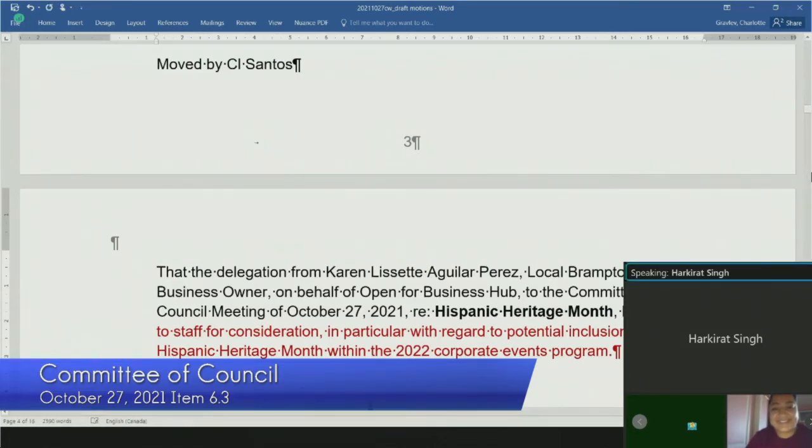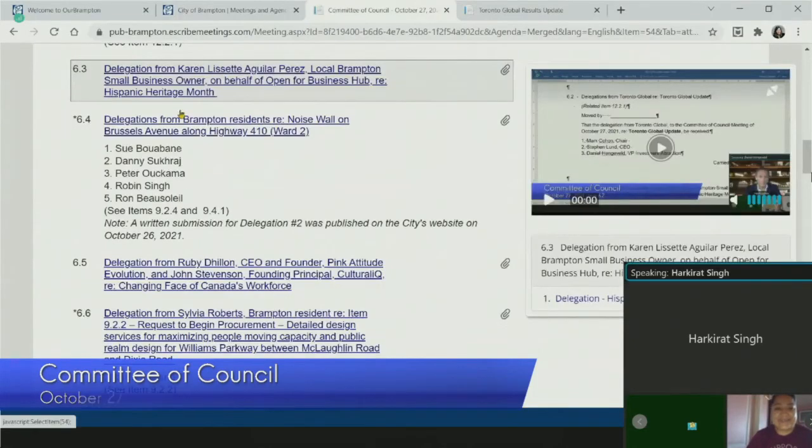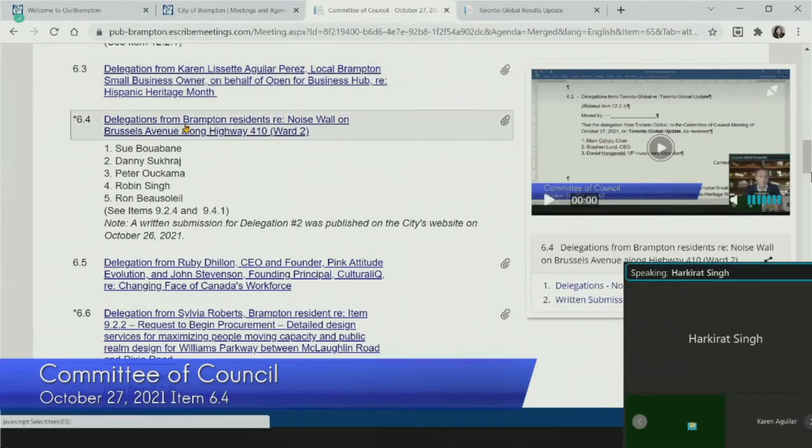Next item is 6.4, delegation regarding the noise wall on Brussels Avenue along Highway 410, Ward 2. Item 9.2.4 is related to the staff report regarding Brussels Avenue Noise Wall, Ward 2. We also have related correspondence 9.4.1 for consideration. Joining us today, we should have Sue, Danny, Peter, Robin, and Ron.